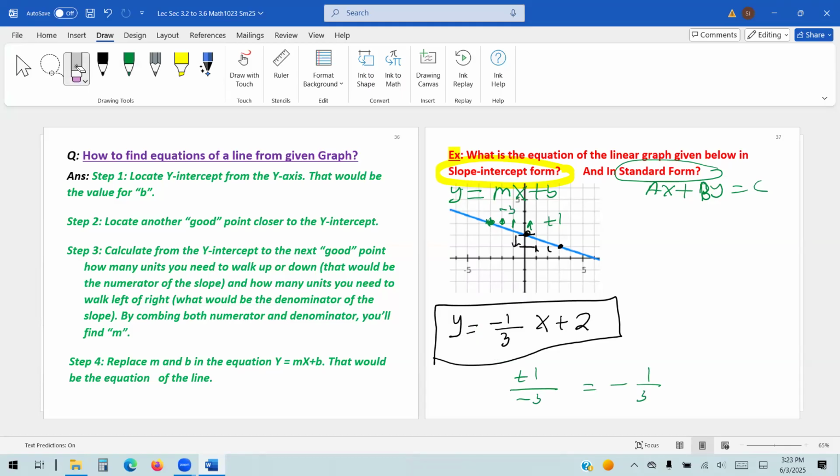Question, John? To ask, standard form, what do A and B? So observe the structure. In standard form, x and y term together, right? Next to one another. Do we have our x and y next to one another? So all you have to do is bring the x from the right side to the left side.